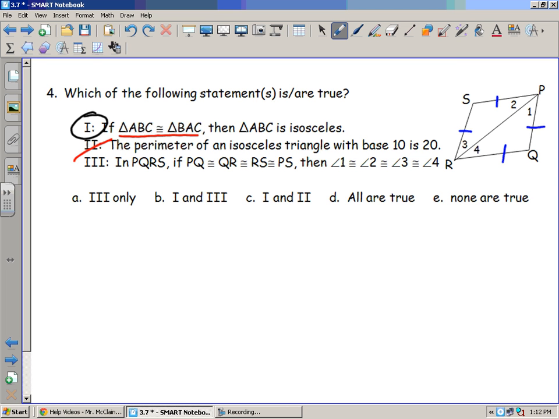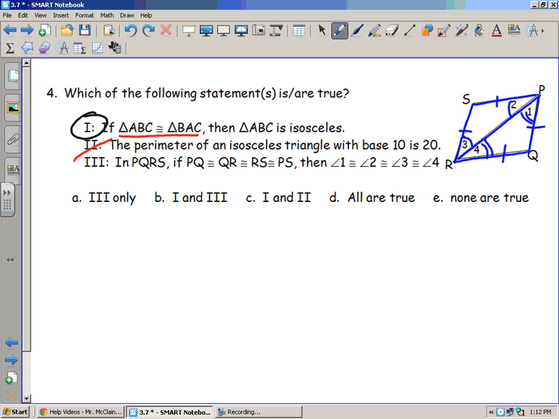I know from the fact that this triangle is isosceles that angle 3 and angle 2 are congruent, and from the fact that triangle PQR is isosceles, angle 4 and angle 1 are congruent. Would all those angles be congruent to each other? Let's think about congruent triangles.